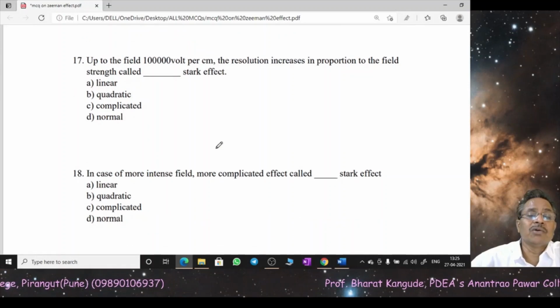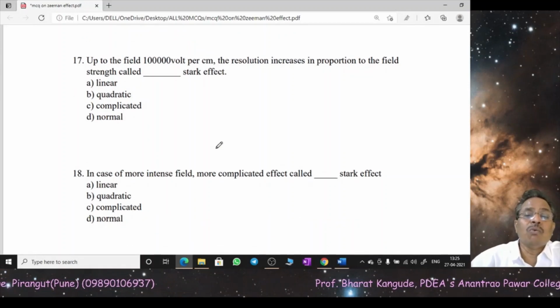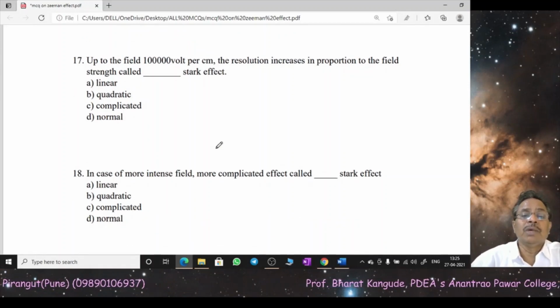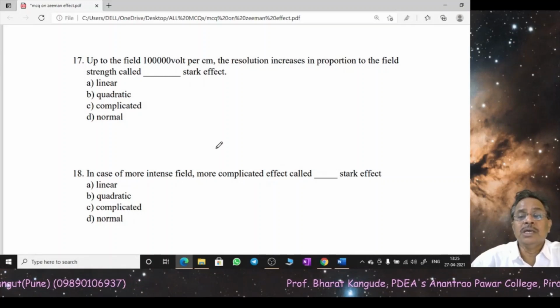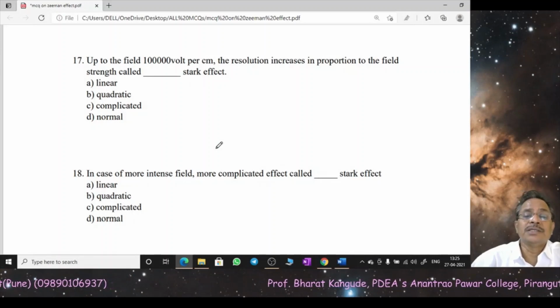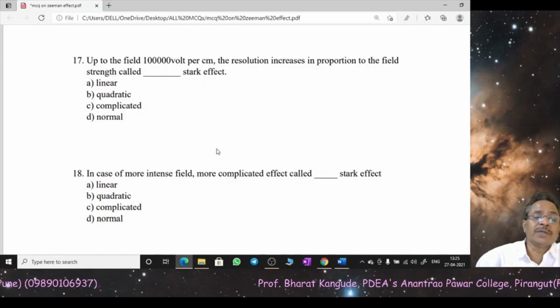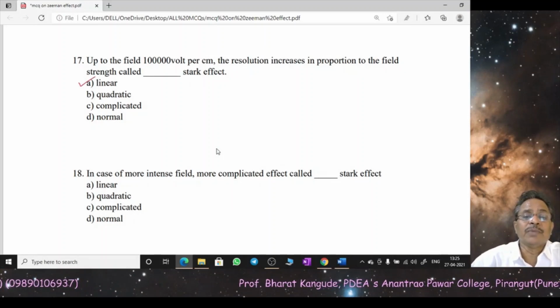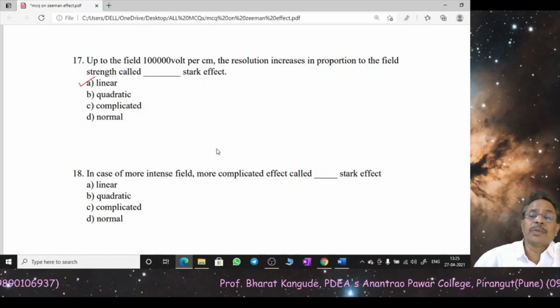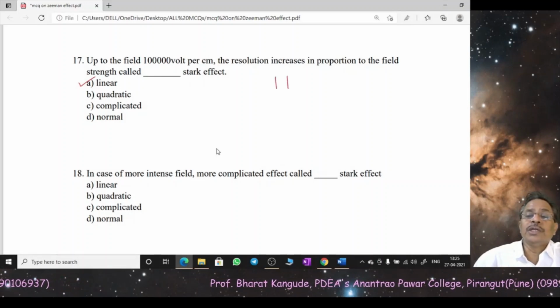Now this is again theoretical. Up to a field of 1 lakh volts, that is 100,000 volts per centimeter, the resolution increases in proportion to the field strength, and this is called the linear Stark effect. So up to a certain range, as the voltage is increased, the separation between lines goes on increasing linearly.